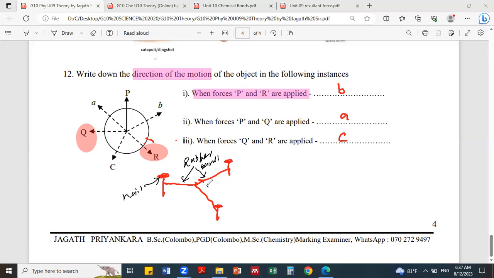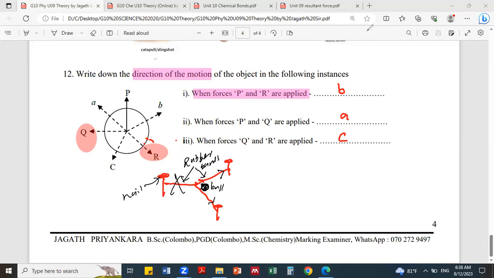Now you keep an object here, a plastic ball. And you cut the third rubber band, the left side one. What will happen to this ball? Which direction will it move? Towards the remaining nails.